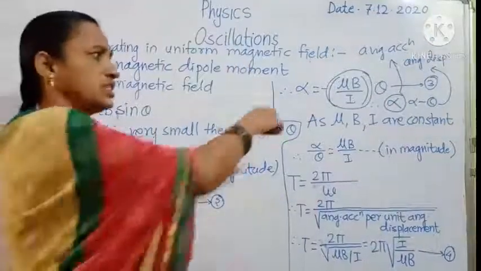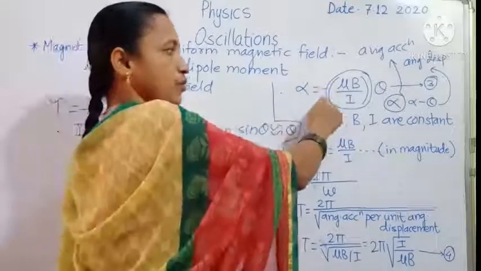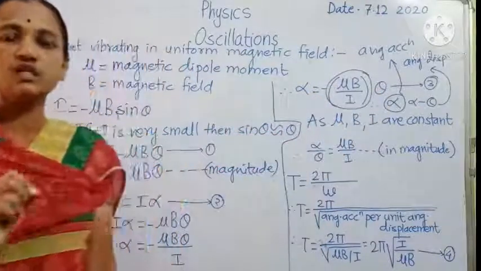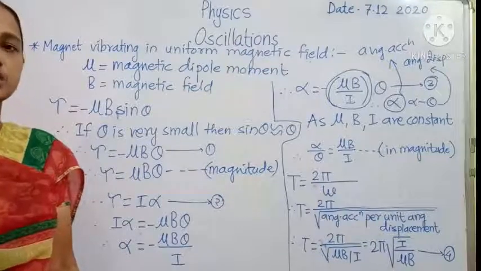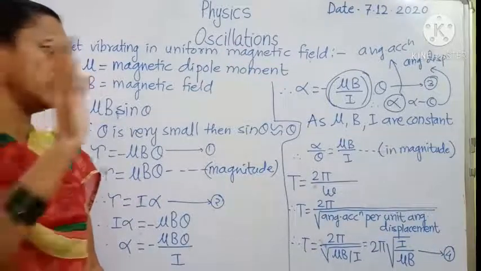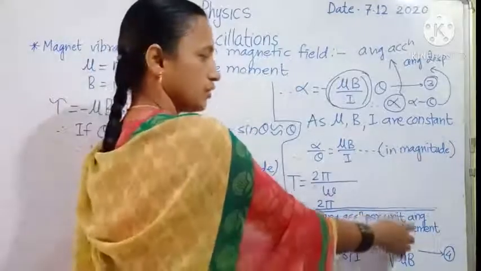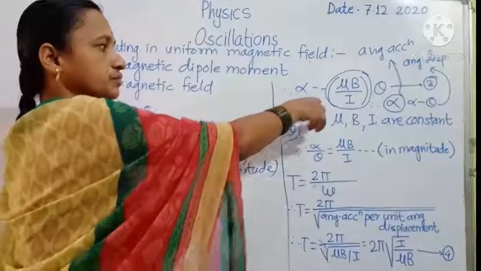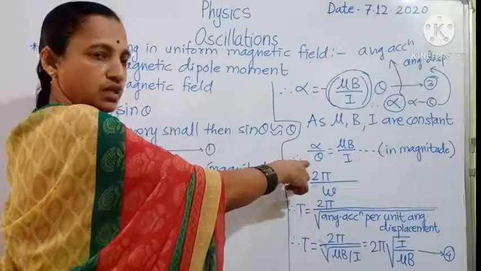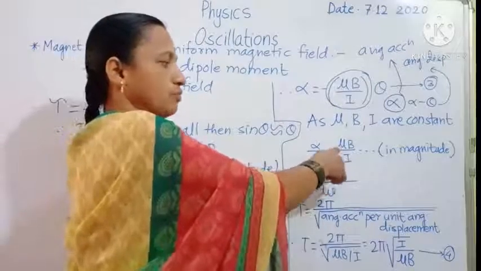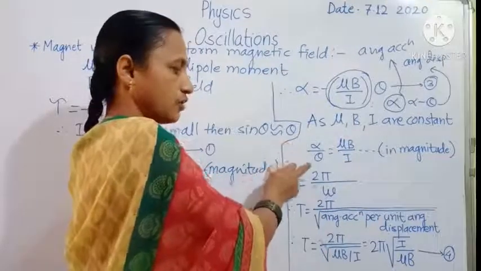From this equation, the angular acceleration is directly proportional to the angular displacement, and they are oppositely directed. In magnitude, the angular acceleration per unit angular displacement is mu b upon I.